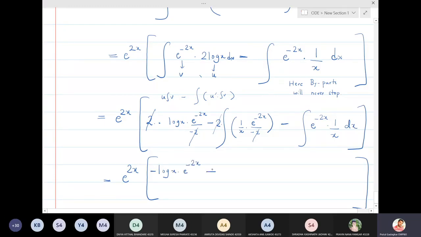This minus and this minus have become plus, integration e raised to minus 2x into 1 upon x, minus integration e raised to minus 2x into 1 upon x. And these integrations have cancelled each other.